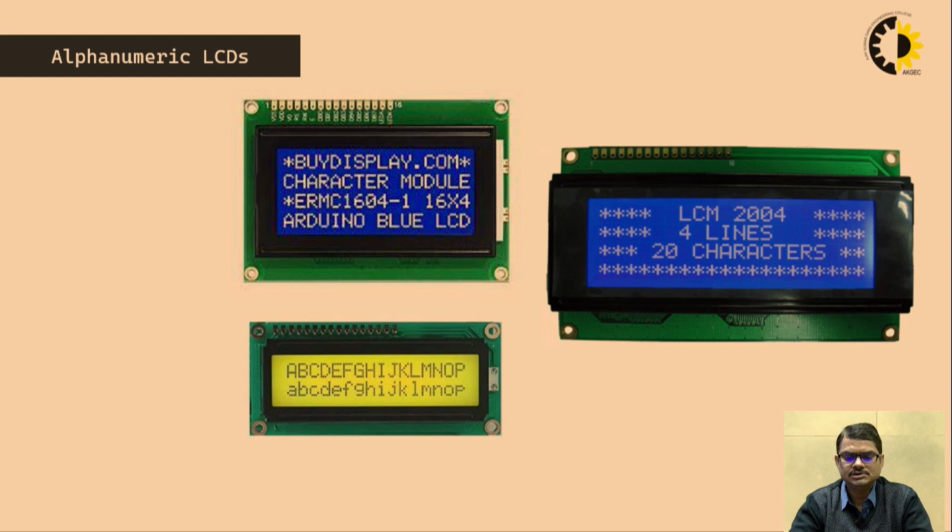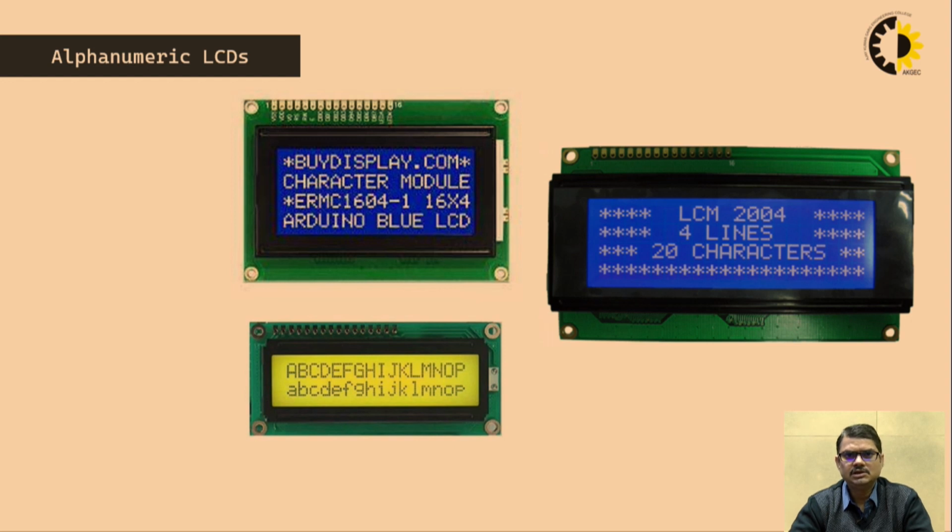So, here on this slide I am showing you the very common LCD displays which we use in our projects. Here at the bottom with the green color, you can see this is an alphanumeric display. The specification of this display is 16 by 2. If I am saying 16 into 2 LCD display, what does it mean?